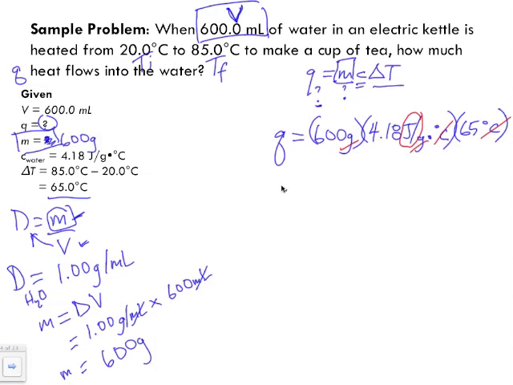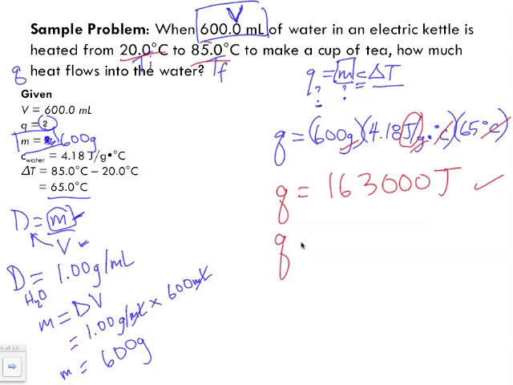So when I multiply all that together, I'm going to get 163,000 joules, which is the amount of heat that is going to flow into the system. Now, I can leave my answer as that. The thing is, you want to look at significant digits. 3 significant digits is the least number in our question. We've got 3 significant digits in our answer, so we can leave this as such.